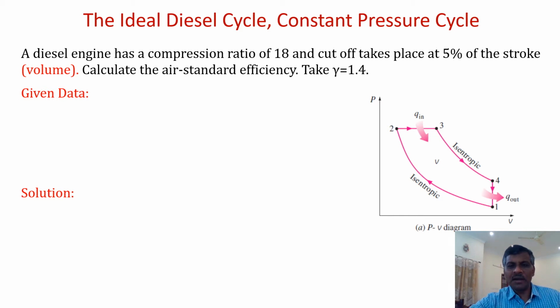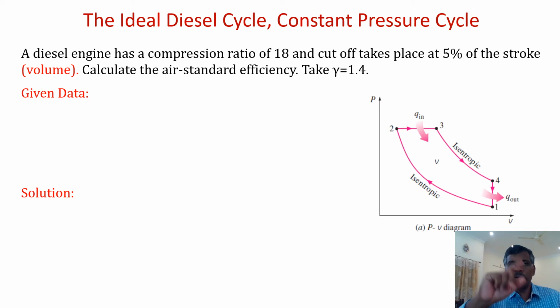Let us move to diesel cycle. This is one that is typically asked, university repeatedly asks, but it is very simple. You can see that the problem itself is very small, but you should be able to understand. But here to solve the problem, you need to memorize the basic equation for efficiency.